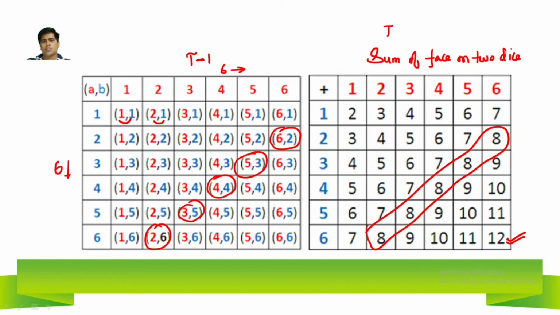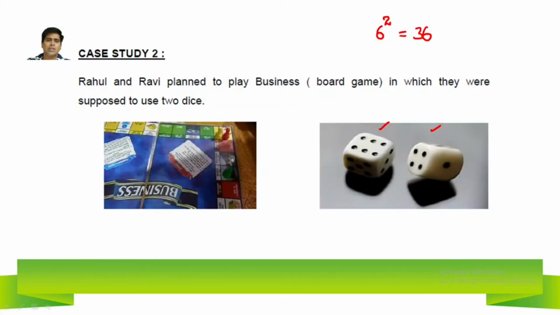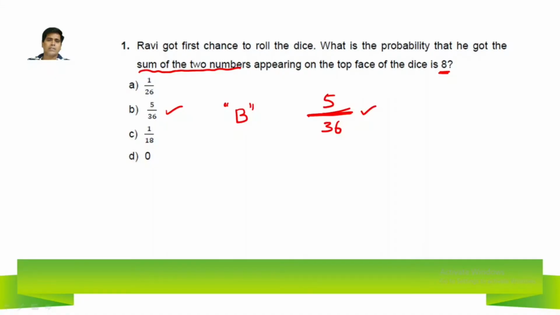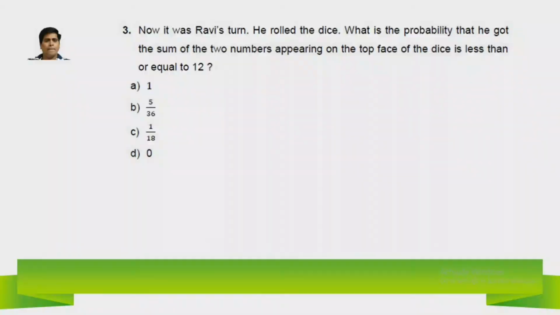Whatever sums you are getting, 2, 3, 4, 5, 6, 7, as well as 8, 9, 10 up to 12, these are all less than or equal to 12. So it is a sure event, and that's why the probability is definitely 1. So this is about the third question.